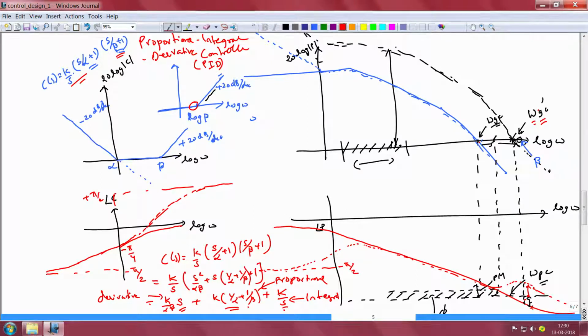A few comments about the PID controller are in order. One thing that you must note is that the PID controller enables us to achieve our control and stability objectives over the entire frequency range of interest to us.